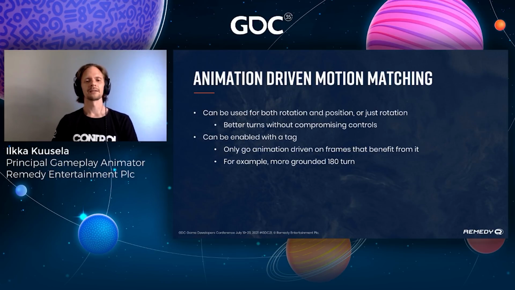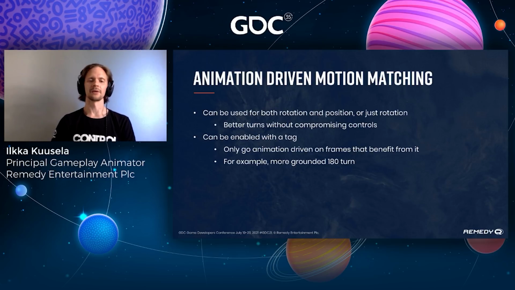When using animation-driven movement, we can choose either to use both rotation and position, or keep positional movement code-driven, but rotation animation-driven. And this is good for a playable character where we still get the benefits of code-driven movement, but we can reduce issues that come from code-driven rotation and the animated rotation being off sync.